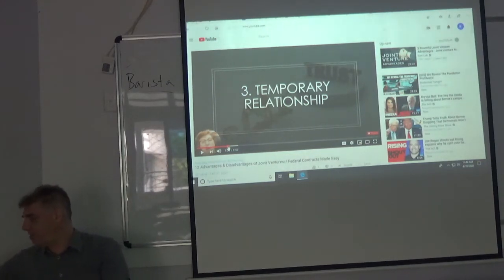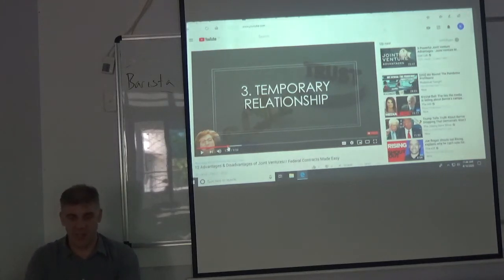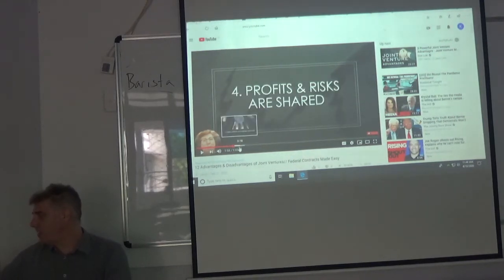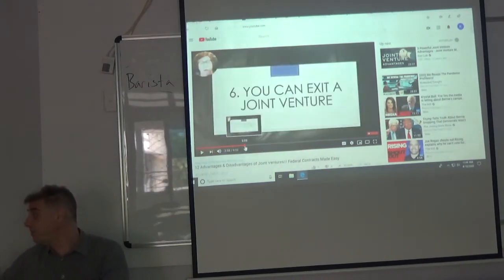Let's say two tech companies get involved in building some kind of drone airplanes, and they need to do a 2.0, 3.0, 4.0, and they maintain their relationships. But it can be temporary. Profits and risks are shared. Profits shared, that's okay. Because you're sharing the risk, you should share the profits.